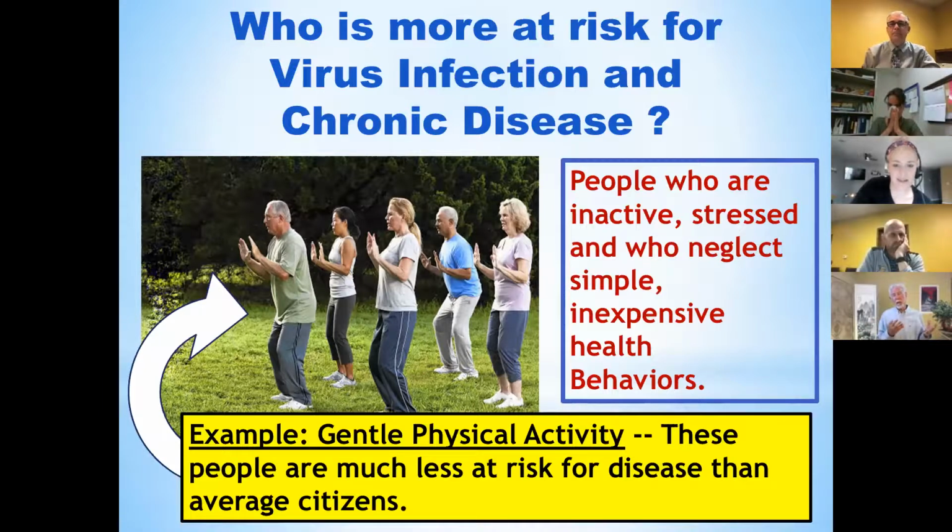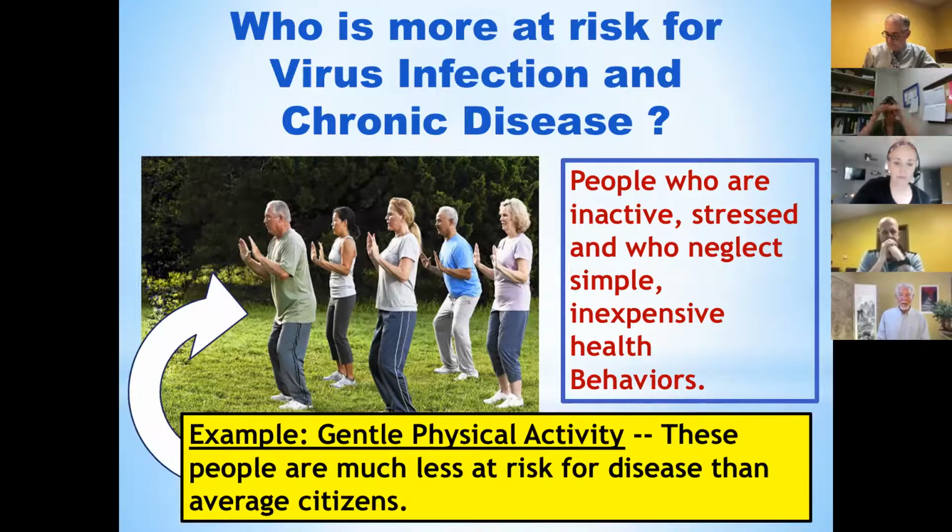Viral infection you get from someone, chronic disease you get from yourself. It comes from behaviors. And so the inflammatory effects of food and not exercising and not sleeping cause a lot of pain for people.